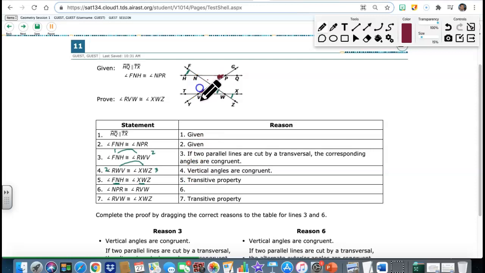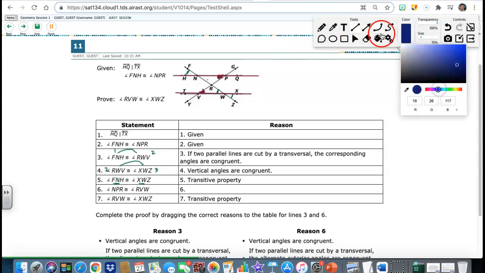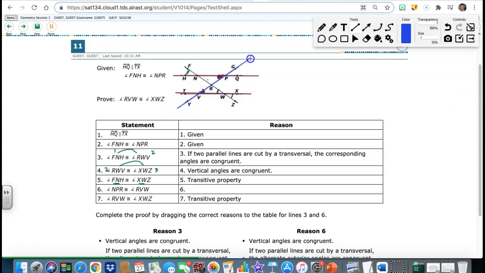Look at these two angles. If this line is parallel to this line, the relationship between those two angles is alternate interior angles. Look at the transversal. This is my transversal, so those two are alternate interior angles. Therefore, that's my reason for number 6.